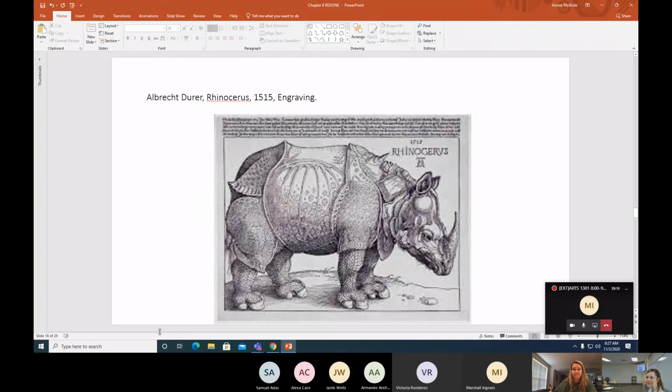And then above that is a little brief description of what a rhinoceros looks like and is like. And this was released to try and disseminate information. They're trying to show people what this rhinoceros in Africa that people have found looks like. Obviously, they were very off.